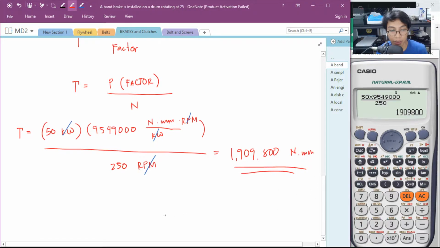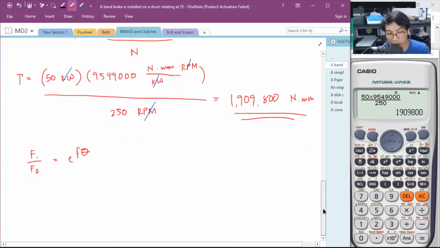Ngayon, pwede natin itong gamitin here. So, yung net belt tension and then belt tension ratio, so F1 over F2 is equal to e to the f theta. Ngayon, pwede natin itong maging kamukha nito. I-reform natin siya as F1 equal to F2 e to the f theta. And then, we can substitute ito dito or we can transfer.